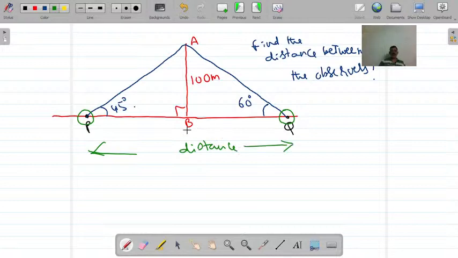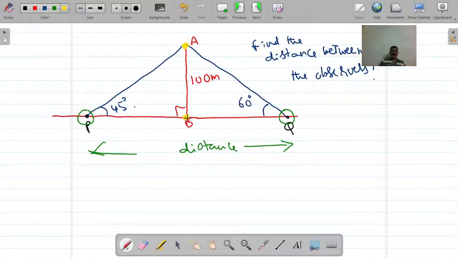So for this, as usual, if you observe this AB, we know that A is the top of the temple and B is the foot of the temple.